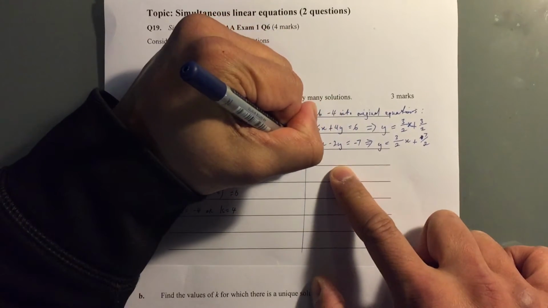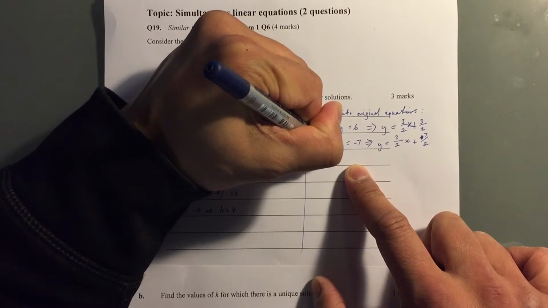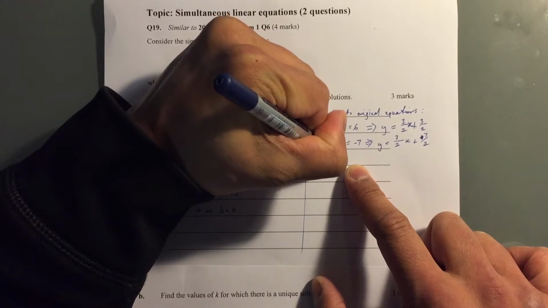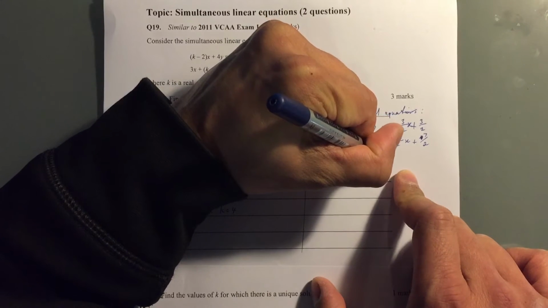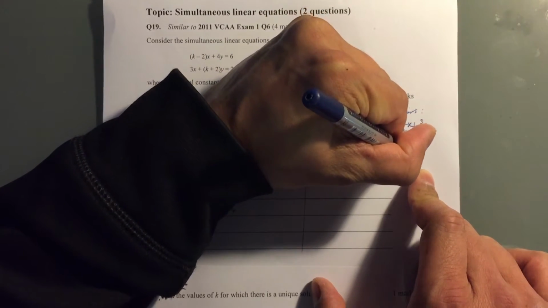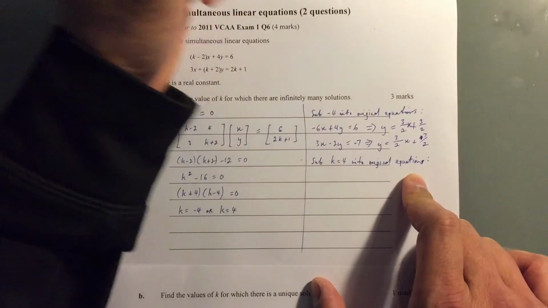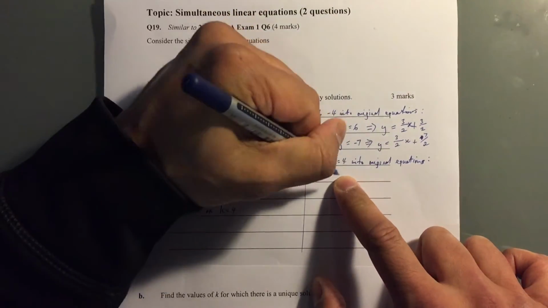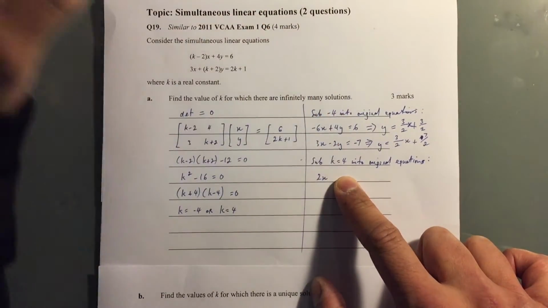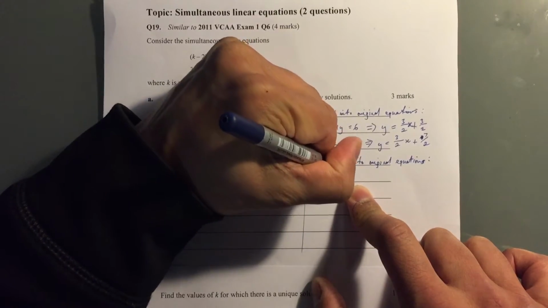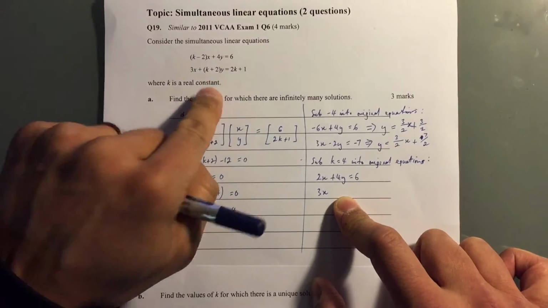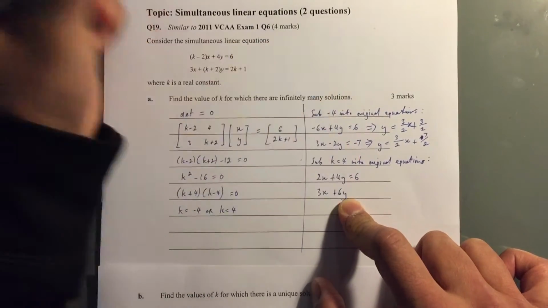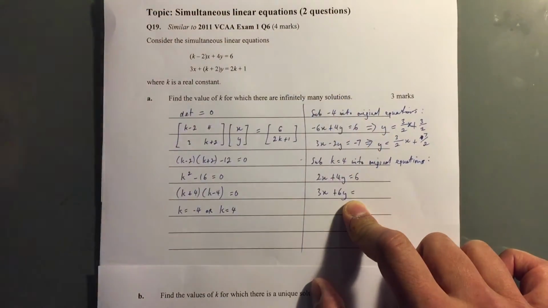I am going to test by subbing the other k value. So sub k equals 4 into the original equations. So here I'll have 2x plus 4y equals 6. Here 3x plus 6y equals 9.